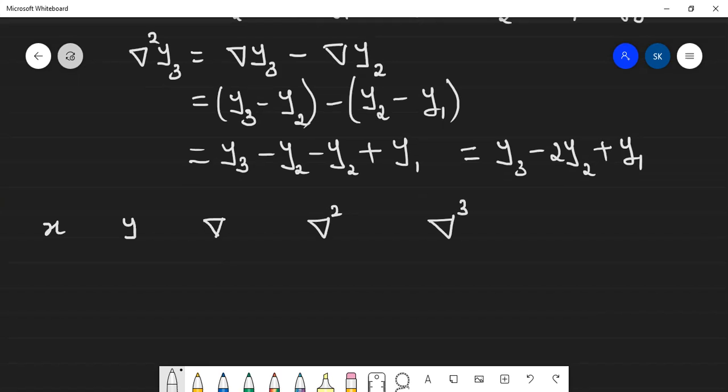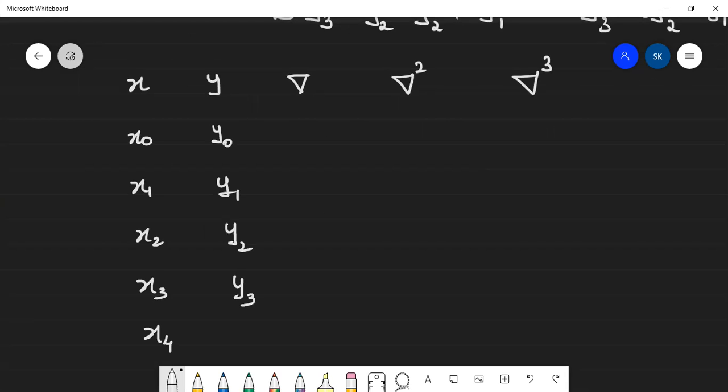Fine. So what were the values I had? I had x0, x1, x2, x3, I'm showing till x4, 5 elements I took. So corresponding y values will be y0, y1, y2, y3, y4.